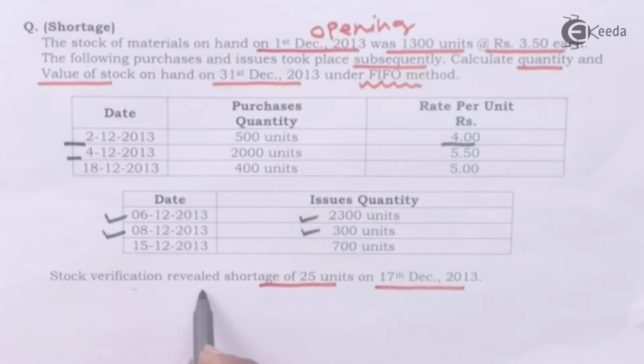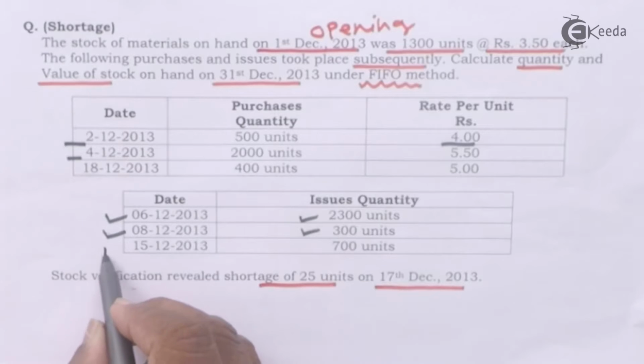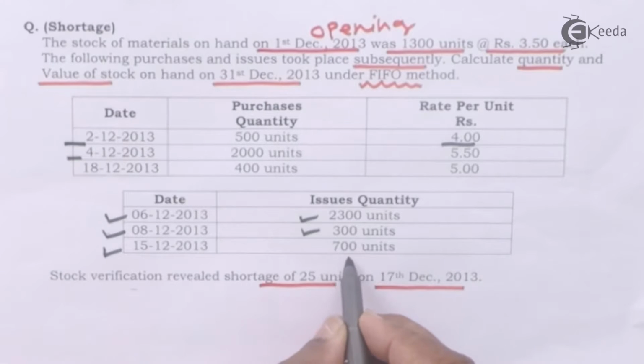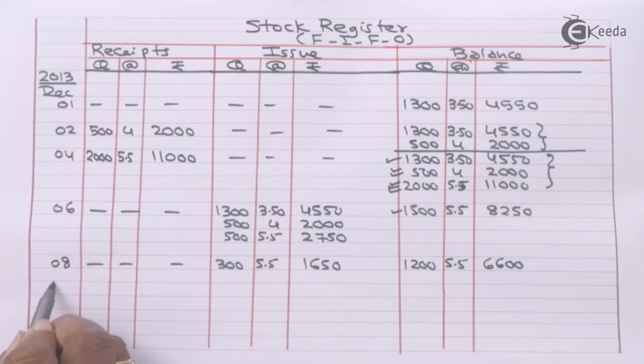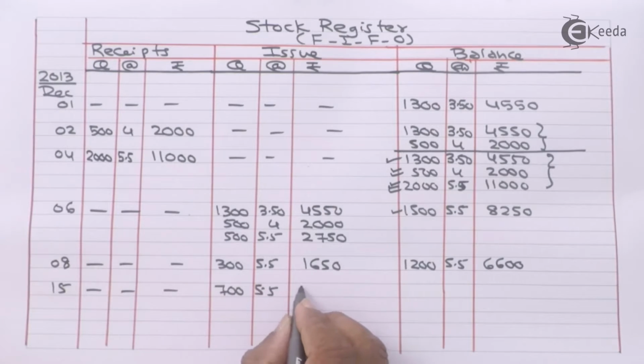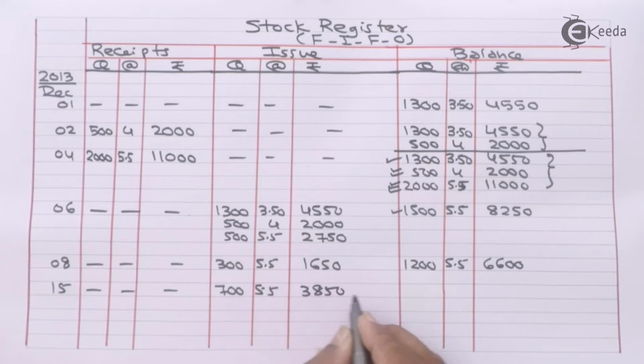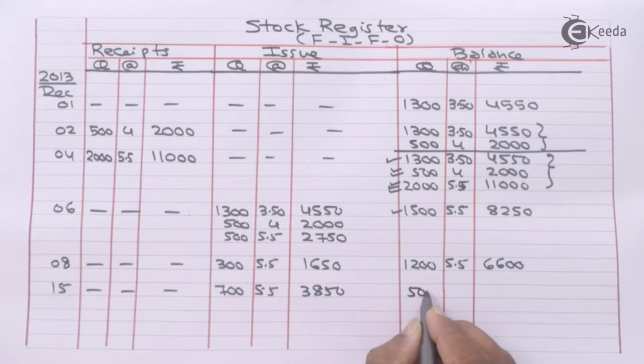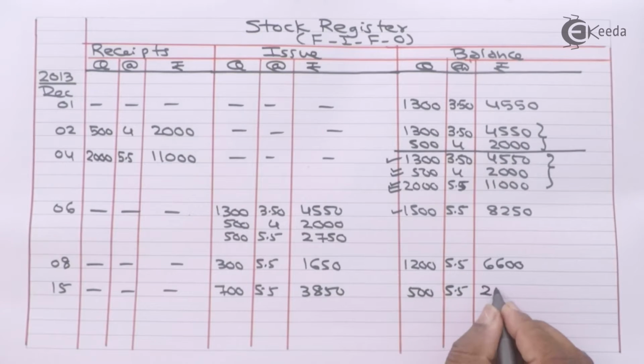Stock verification revealed shortage of 25 units, that is on 17th of December. Meanwhile, on 15 December, there is again issue of 700 units. 3,850. Balance 500 units. 2,750.